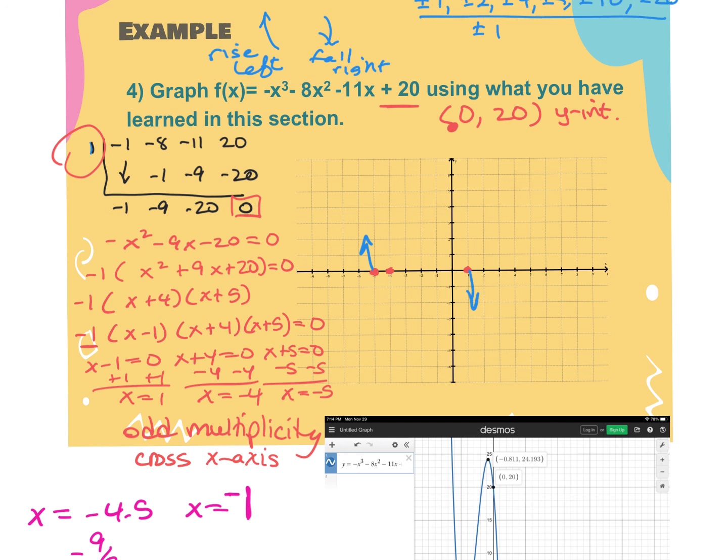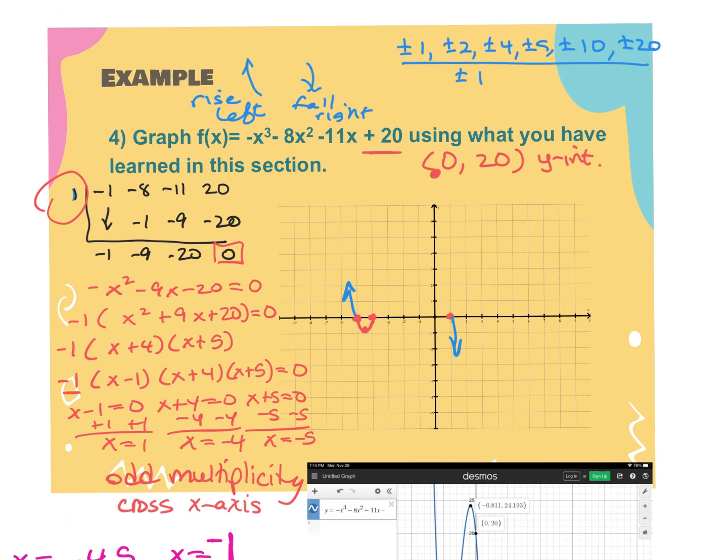And remember, my graph was going by 2s. So it's going to go really close here since I went by 2s. I'll put it right here. So it's going to come down here. And then the other additional ordered pair I found was -1, +24. So it's a little bit higher than my y-intercept.